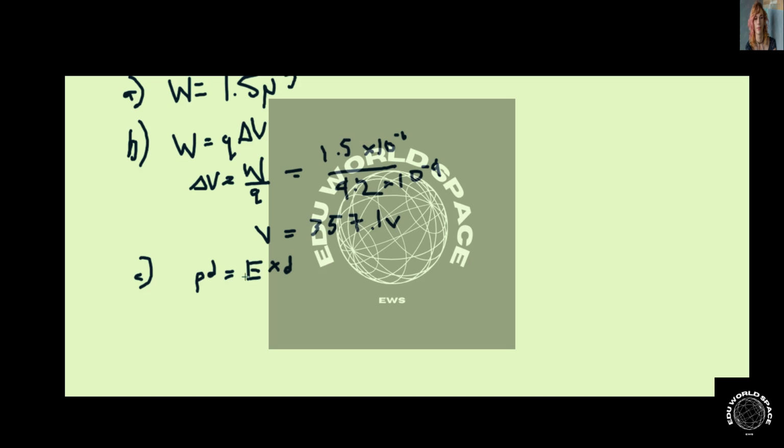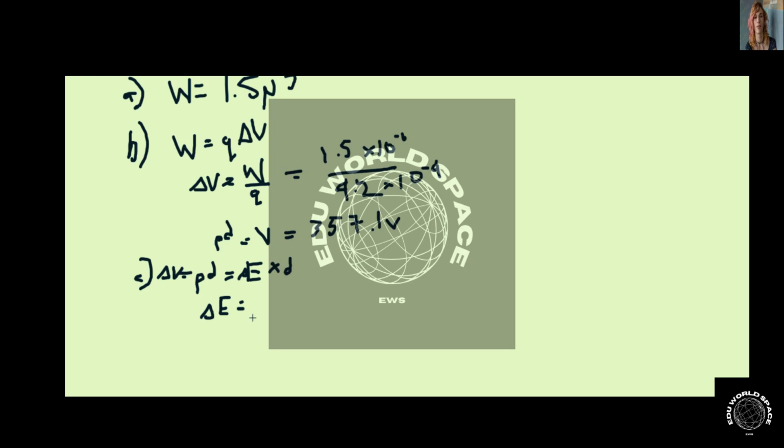So if we isolate for the change in E, we can get, since we already calculated the volts here, remember this is equal to change in V, which is the change in potential difference. Here, let me just make that clear and write this up here too. So potential difference.